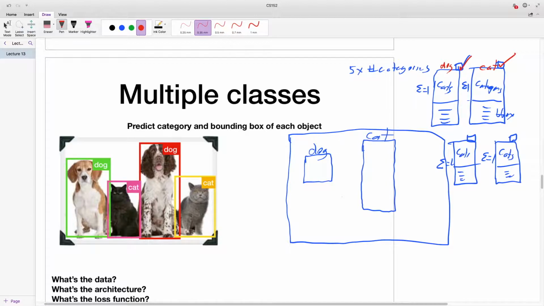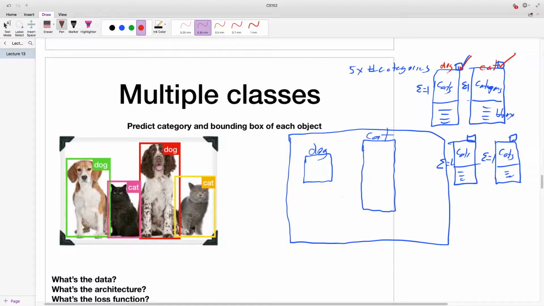Now we've got this cat. Tell me about this cat, and tell me which ground truth object we should be comparing it against. I carefully tried to make it ambiguous, right? So maybe its bounding box is pretty good, and it got the category wrong.